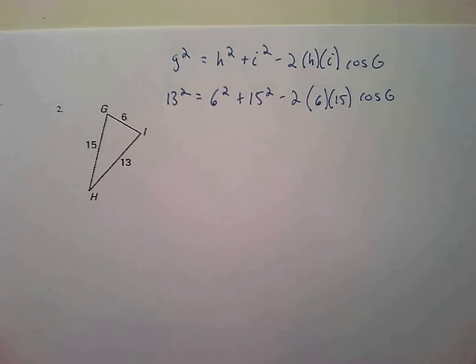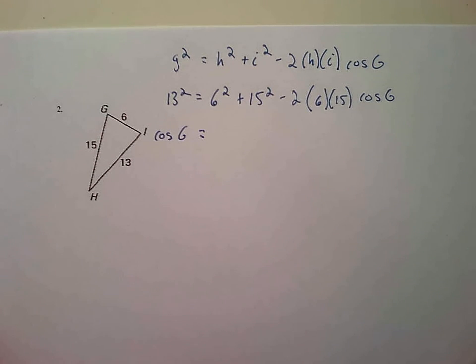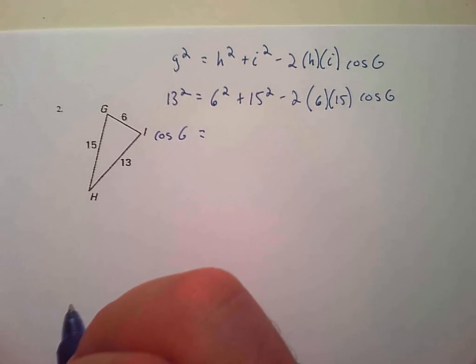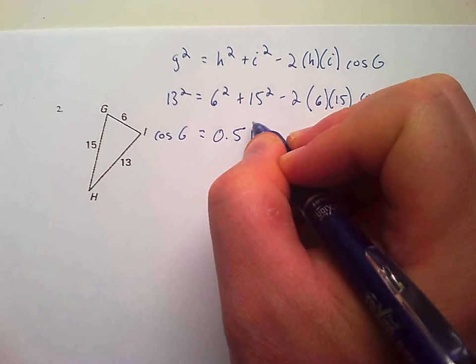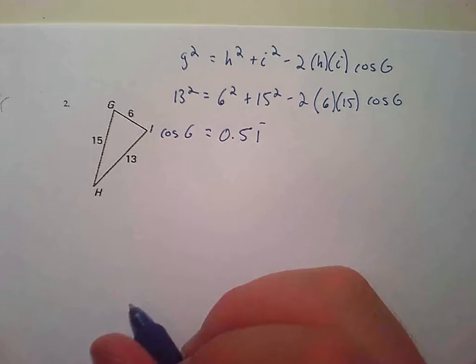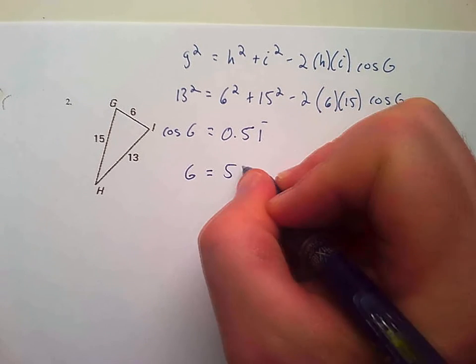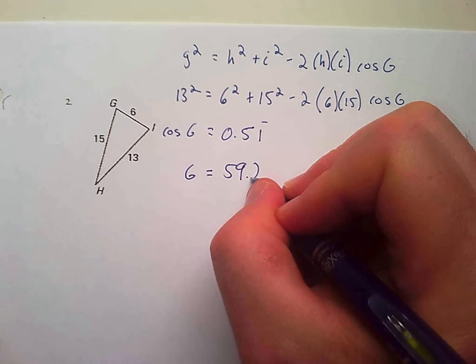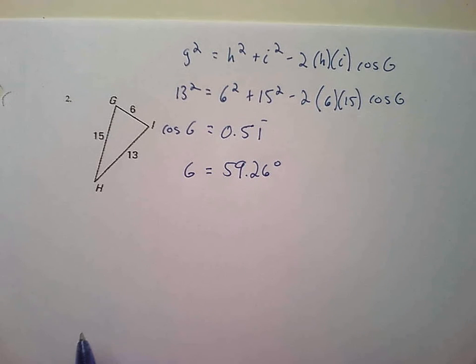Now if we solve for the cosine of g, and I will leave you this arithmetic to do, this is going to come out to about 0.51 repeating, where the ones are repeating. So therefore, if we're trying to figure out what g is equal to, this is going to come out to 59.26 degrees by simply taking the inverse cosine of both sides.